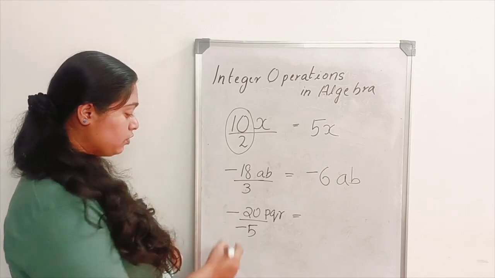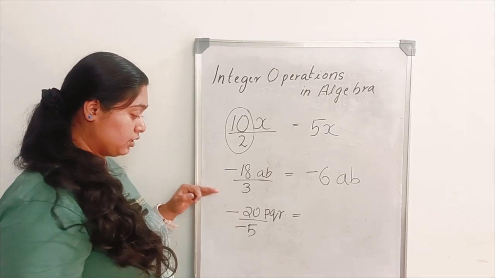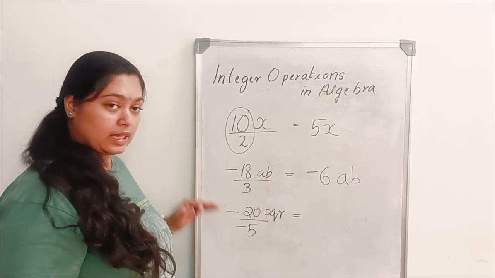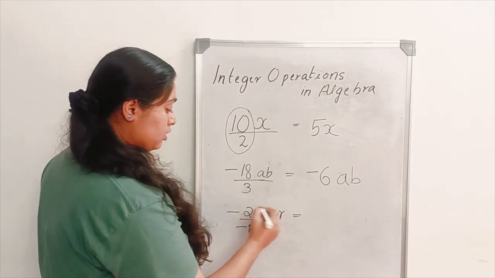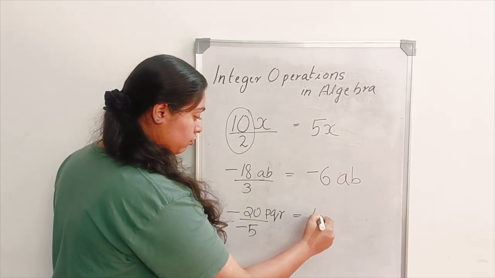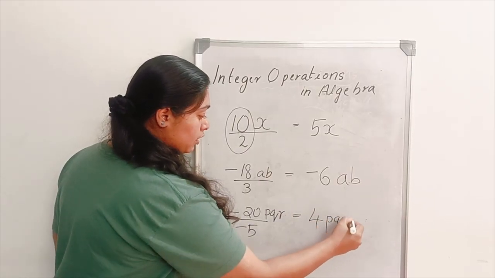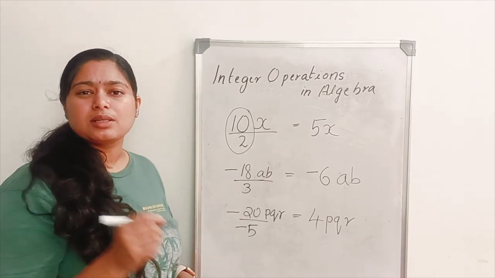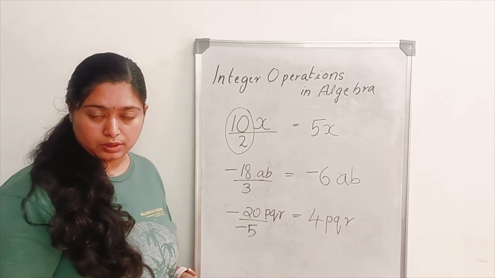And the last one, if you see, we have a negative 20 divided by a negative 5, negative by negative, two negative numbers. So the answer is definitely going to be positive. That is 20 by 5, 4, with the same variables pqr. So these are some simple, very basic questions of division with algebra.